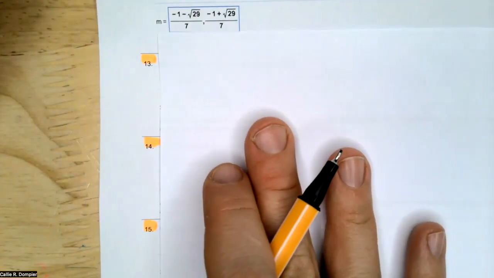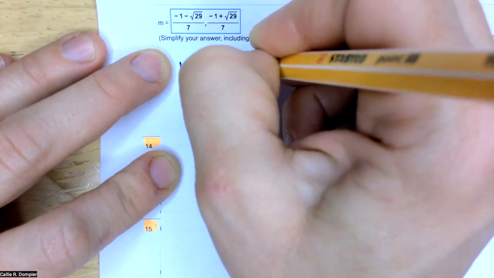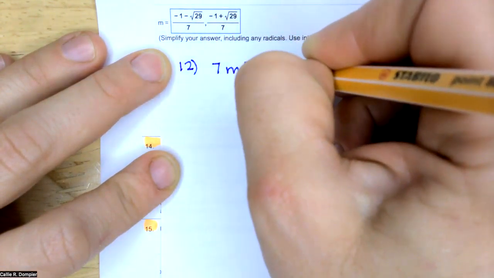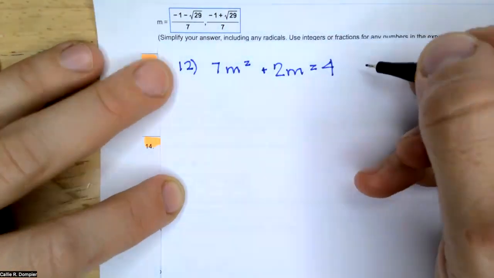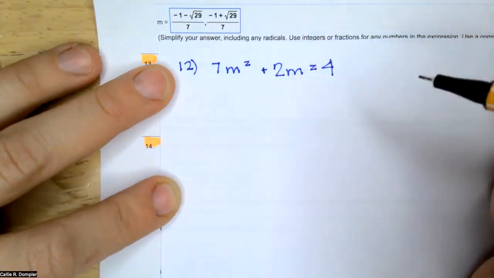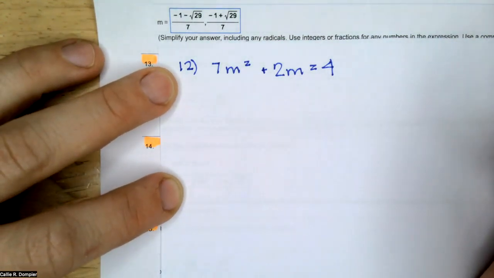12 is 7m squared plus 2m equals 4. Good. First thing we want to do, put it in descending order, but make sure it's set equal to 0. This is not currently set equal to 0.